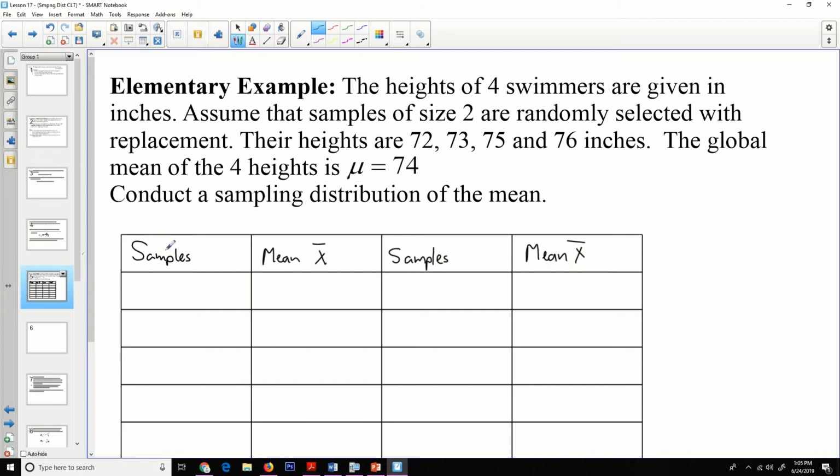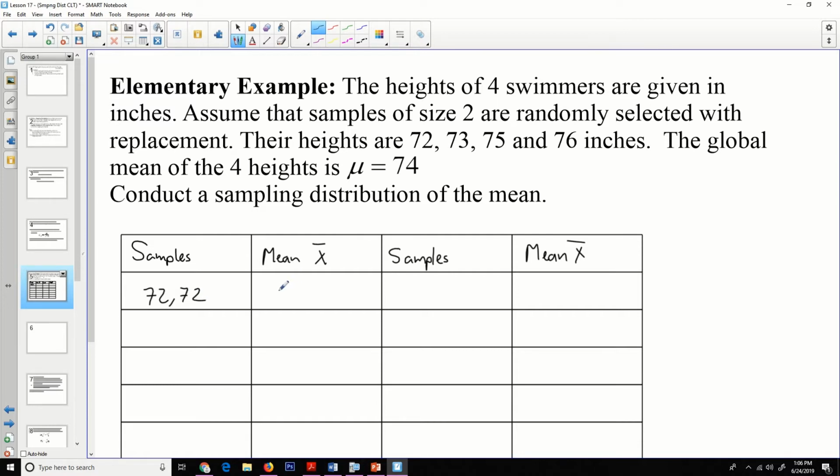We're going to list all of the possible combinations of choosing 2 from this population. Since we're sampling with replacement, I could pick 72 first, put it back in, and pick 72 again.